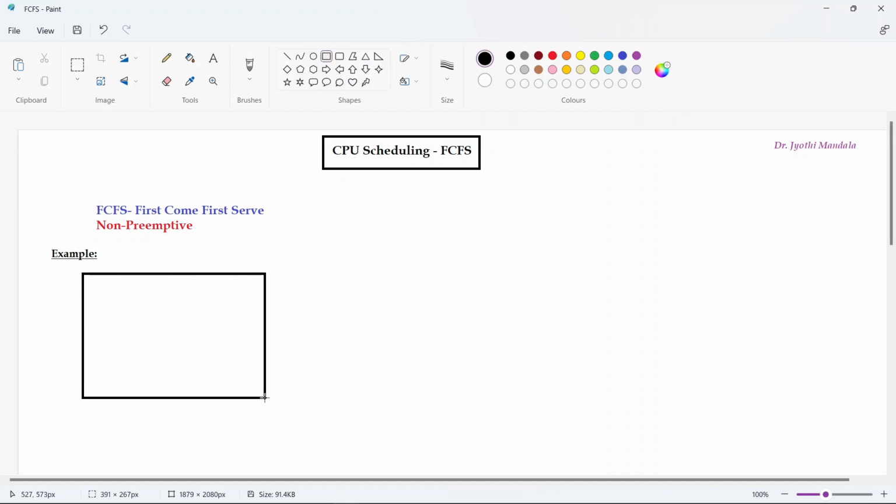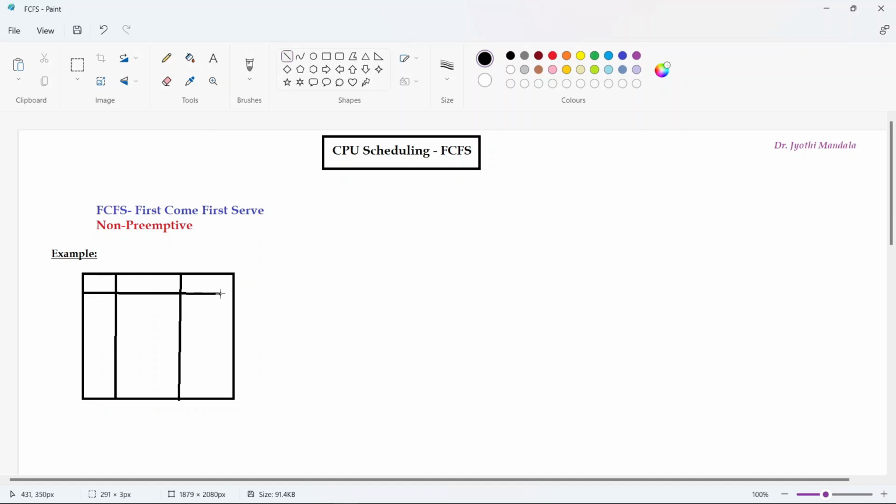Now we will represent it in the form of a table, then it will be very easy for us to understand. So the first column represents the process we are using. The second column represents the arrival time, and the third column represents the amount of time required to finish its execution. Just note down the first one.